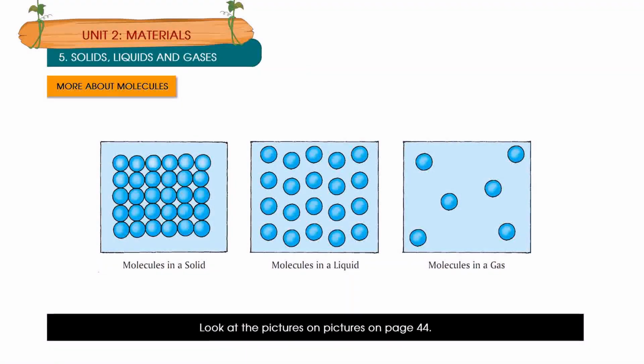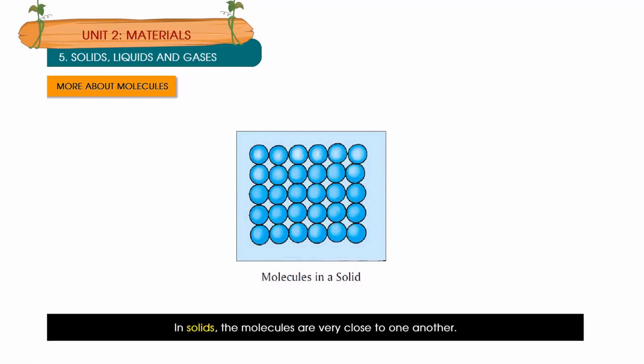Look at the pictures on page 44. In solids, the molecules are very close to one another. They attract each other with great force. So a solid is hard, has a definite shape and a definite volume. We can hold it.